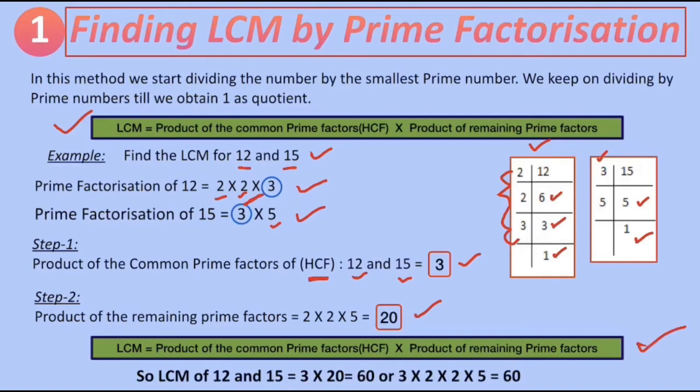So LCM of 12 and 15 is equal to 3 into 20, which gives 60. Or we can write it as 3 into 2 into 2 into 5, which gives 60. So LCM of 12 and 15 is 60.